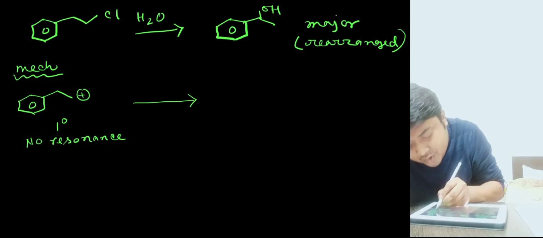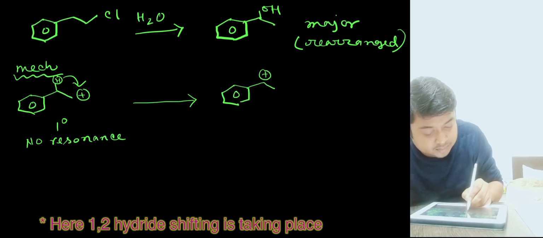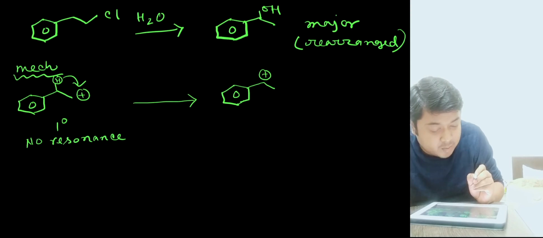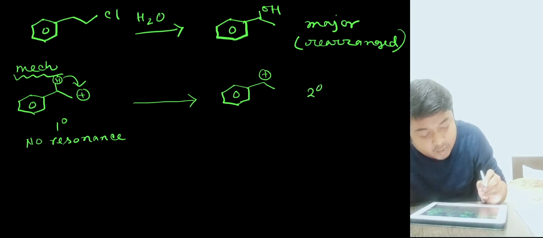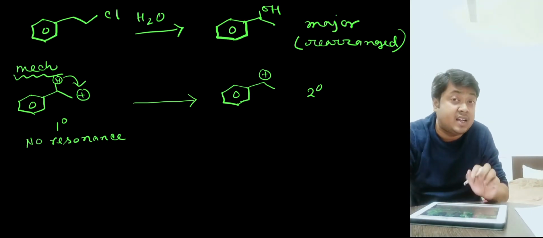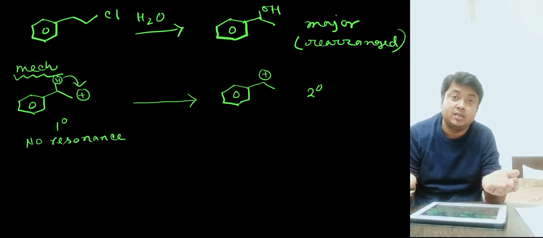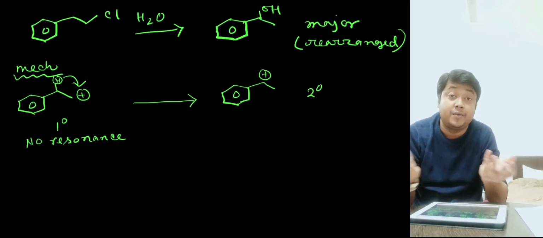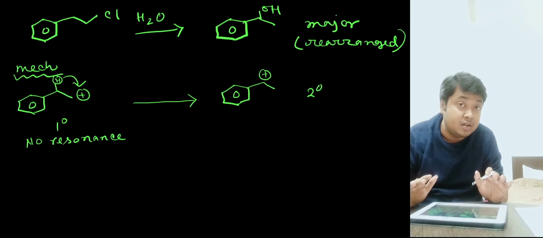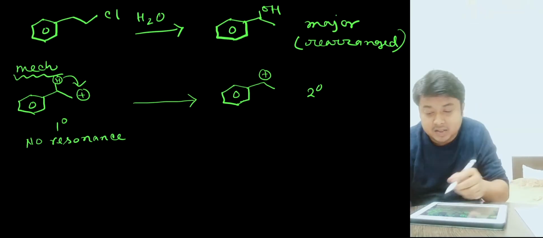Now, if I move this hydrogen here, then I will get this carbocation. This is 2-degree carbocation. The main thing is that it is benzylic carbocation. All the students know that benzylic carbocation are very, very stable. Due to what? Due to resonance.